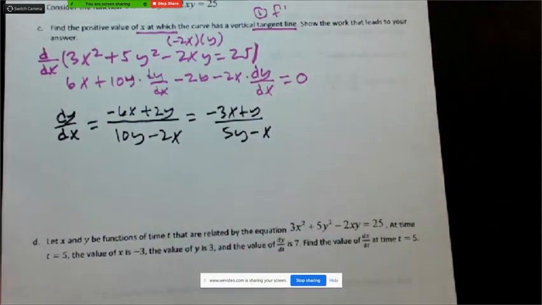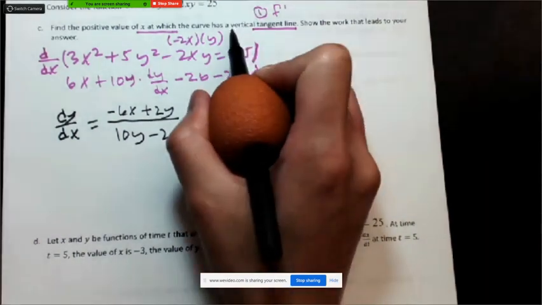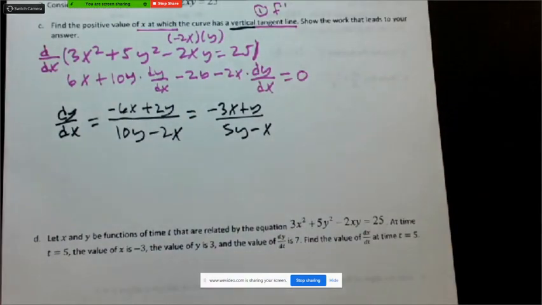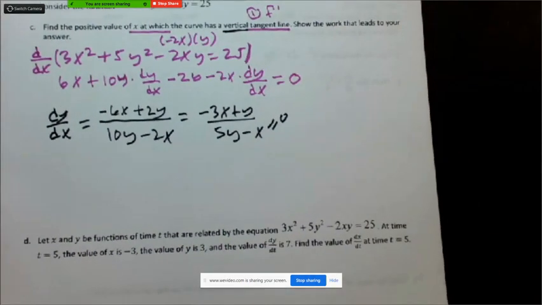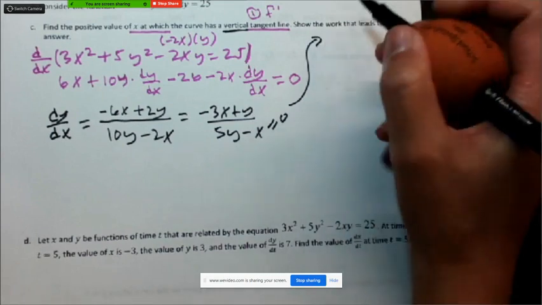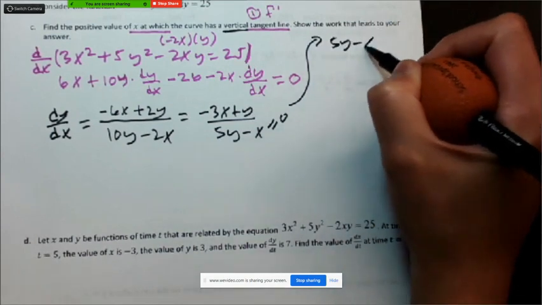All right. So let's see what is happening at this point. Listen carefully. If I am looking at a vertical tangent, we know vertical tangent has basically undefined slope, right? When something is undefined, is my top number 0 or bottom number 0? The bottom number. So I need to let this one equal 0. 5y minus x is equal to 0.